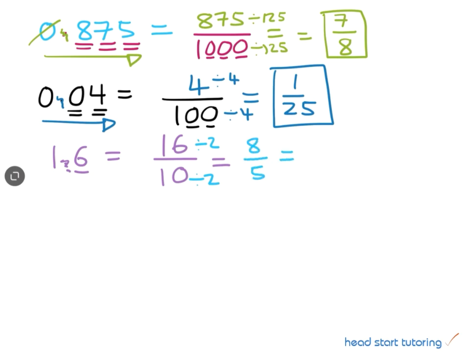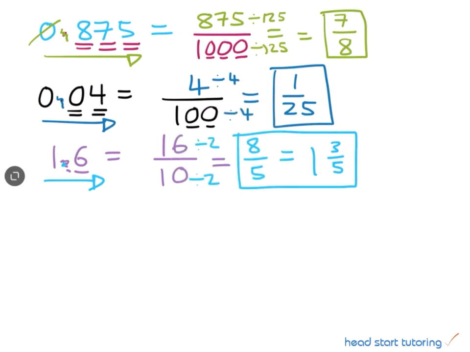And 8 over 5 we can also convert into a mixed number, which is 1, because 5 fits into 8 once, with 3 still over 5. So 1.6 as a simplified fraction is 8 over 5, or 1 3/5.